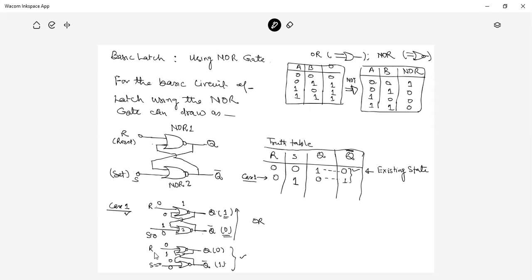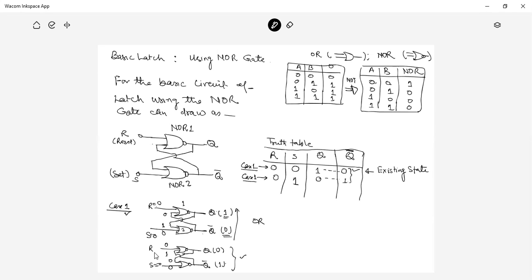Both are 0, so the output is 1, and 1 and 0 gives 0. So both inputs are 0, but the output changes, and this is referred to as the existing state.